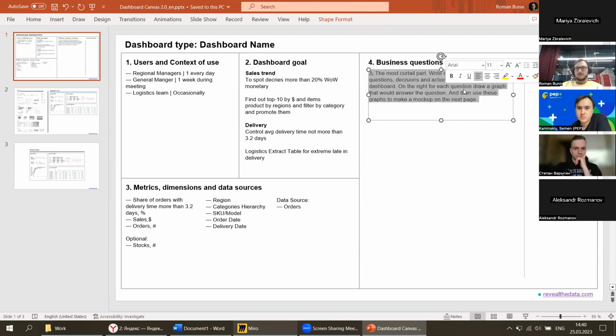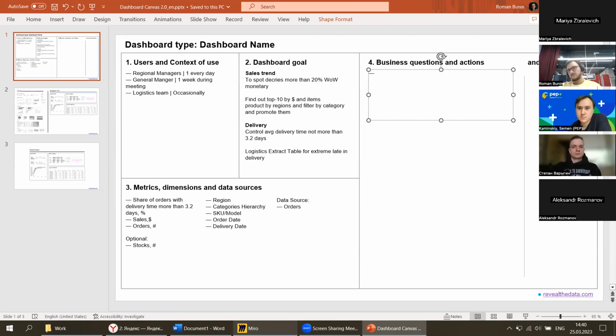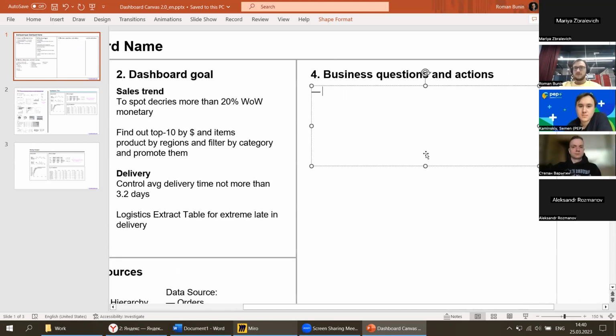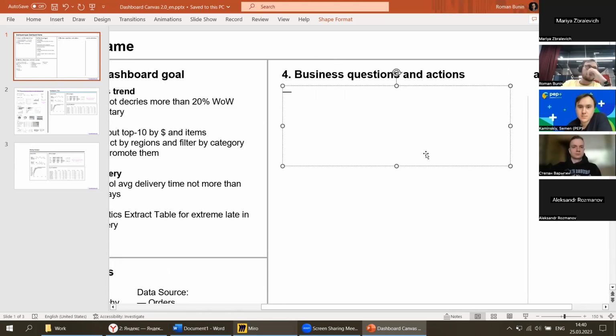Let's create these questions. And the questions should be created preferably in order of importance, so the first one is going to be the most important, and so on. Like a hierarchy of questions.